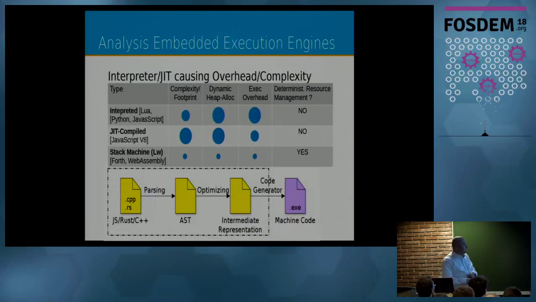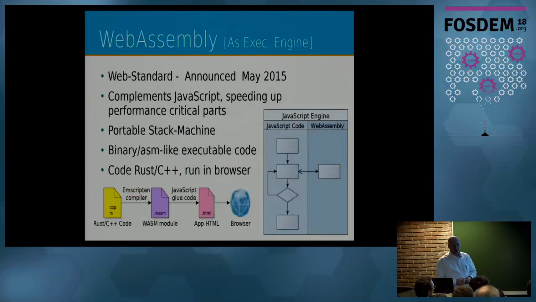So, having a look at WebAssembly. Where does it come from, and what is it intended for? WebAssembly came up in 2015, and it's not a replacement of JavaScript. It's a complement of JavaScript.